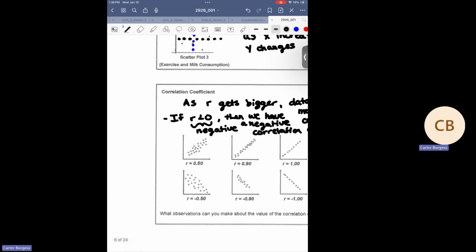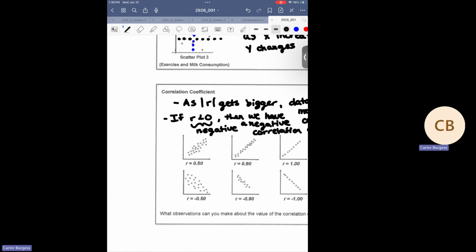If I want to denote that I'm moving in both the positive and negative direction, and I want that to be treated the same, or maybe a better way, if I want to make it so that it doesn't matter whether my R value is positive or negative, what could I do to R to eliminate the whole is it negative, is it positive thing? Absolute value around R to refer to strength is generally what we're going to do.